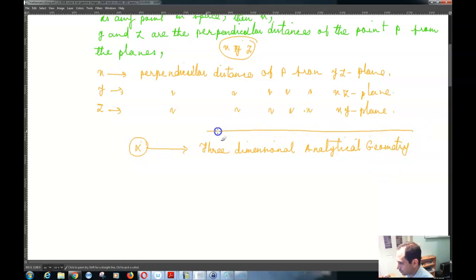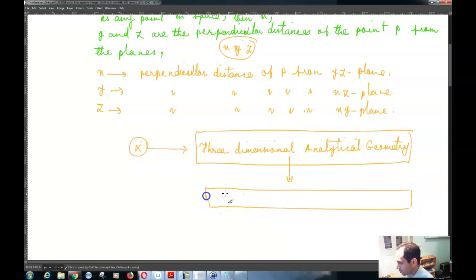And three-dimensional analytical geometry, you're going to need to know in order to understand the rest of mathematics, because without that, of course, you will not be able to understand the rest of mathematics.